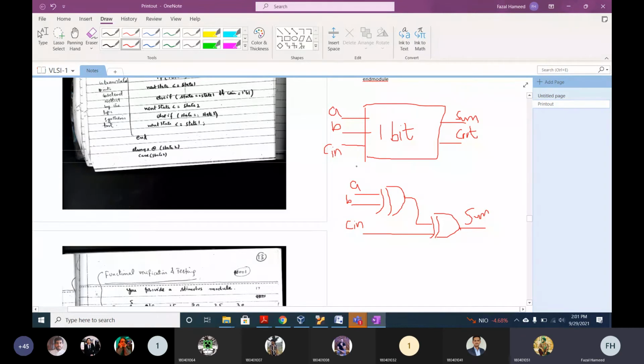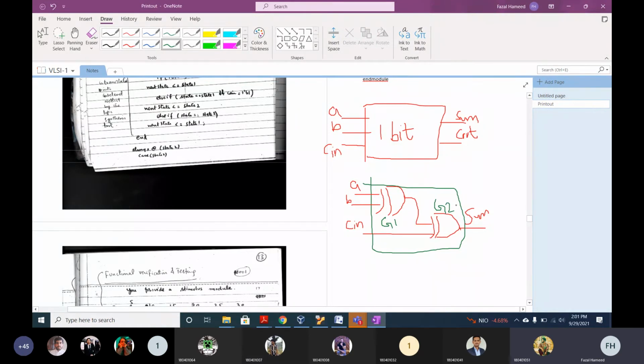I'm not looking for C out. How many gates are used to realize sum? Two gates. So this gate G1 and this gate G2 are used to realize the sum. And it is only for one bit. If you have multiple bit adders, you can connect them in a cascaded fashion.